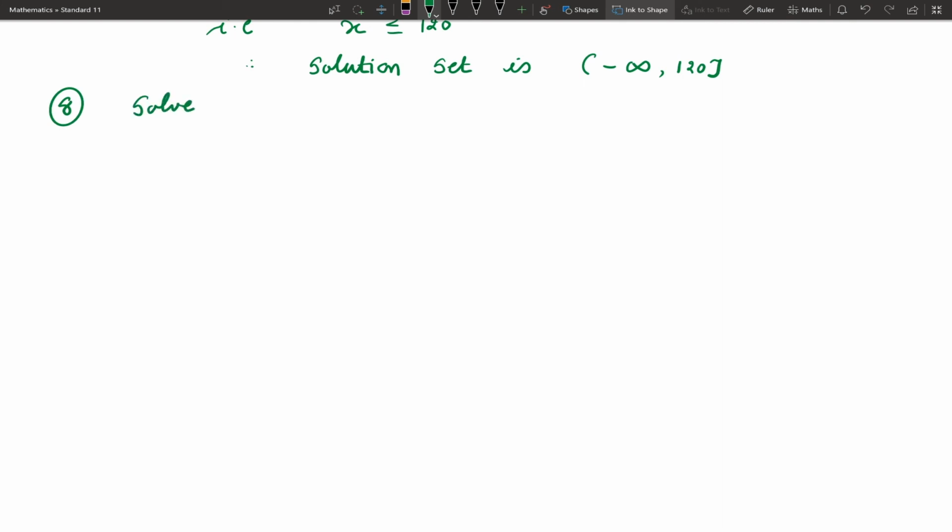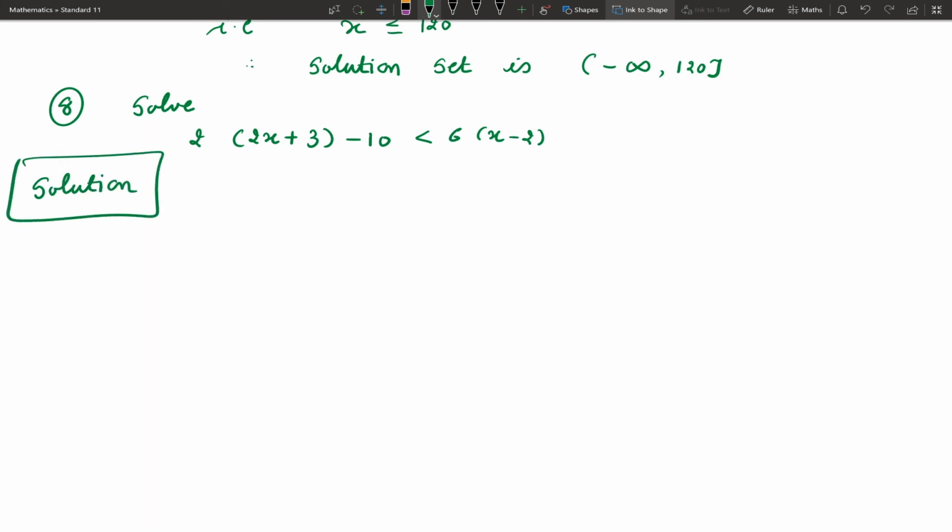solve 2 into 2x plus 3 minus 10 less than 6 into x minus 2. Solution.